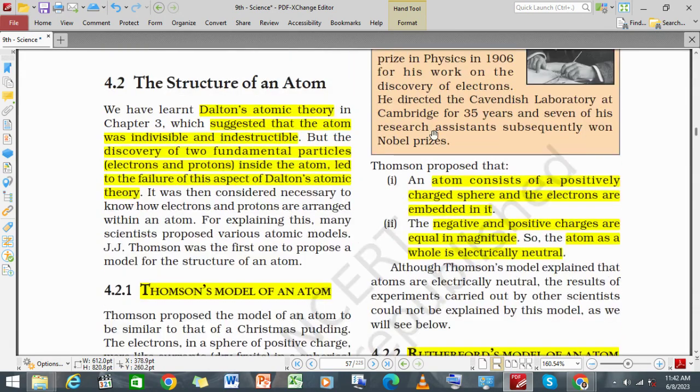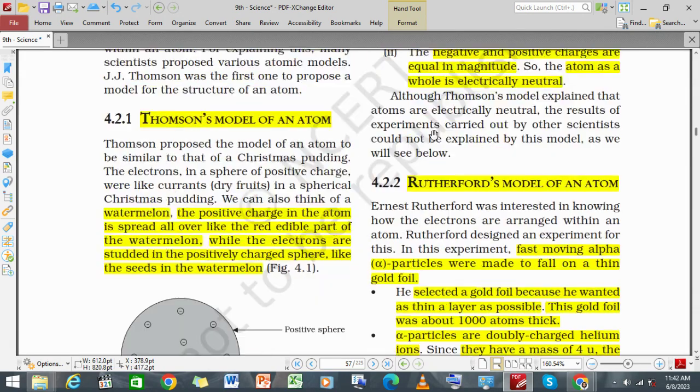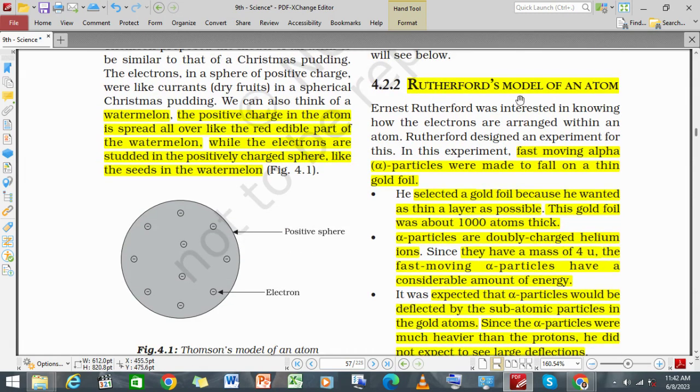Now Rutherford did the model of an atom. There was Goldstein who did the canal rays experiment, and there is the Rutherford model of an atom. What he did, he took fast-moving alpha particles and made them fall on a thin gold foil. He arranged a gold foil and passed alpha particles through it.